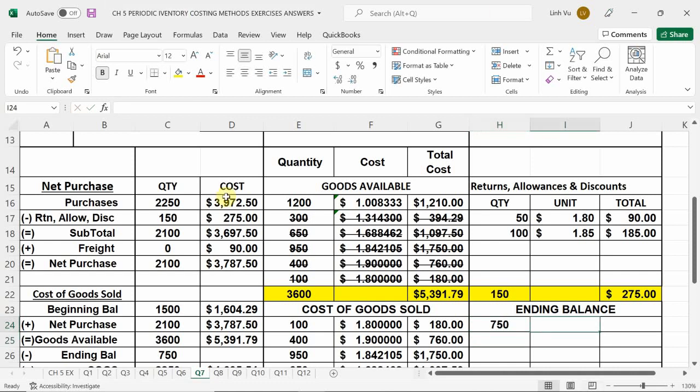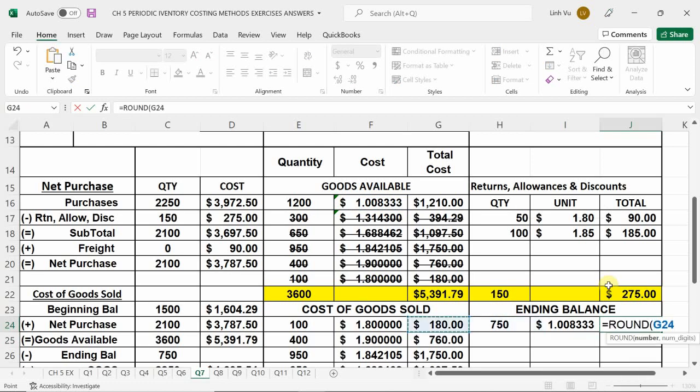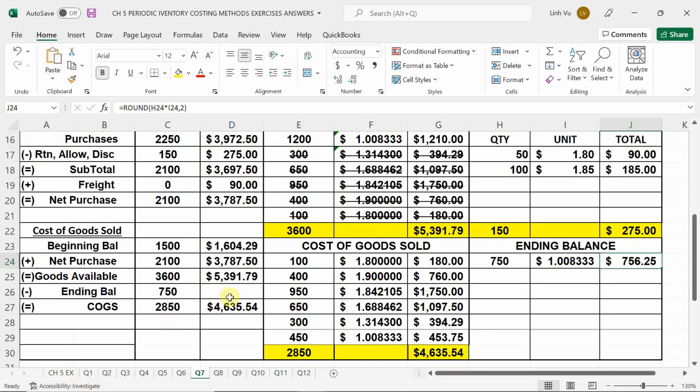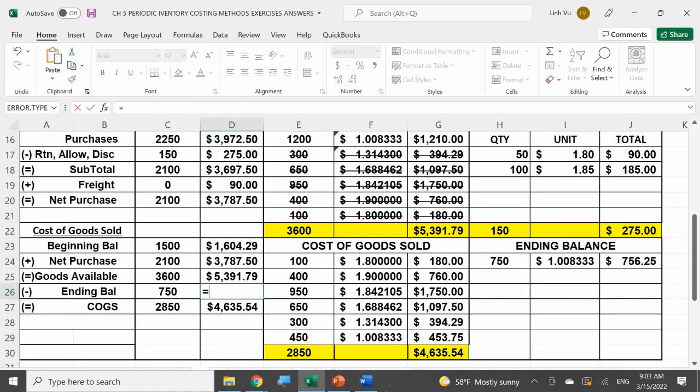And looking at my batches of inventory, I know that I'm going to be left over with the first one that I started with. So if I knew that much information, instead of having to go through all of this and calculating all of those numbers, I could have just easily solved for this and gotten $756.25, and plug that number into my ending inventory.